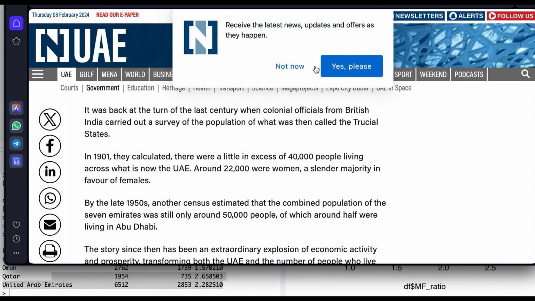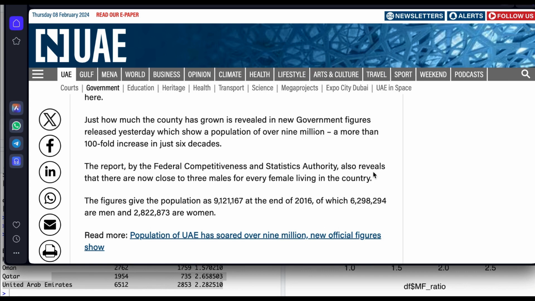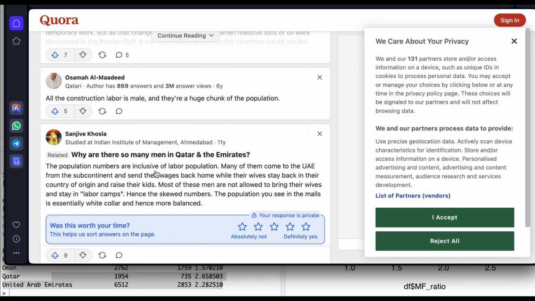It's not easy to figure out what's going on, but the common theme, for the Emirates and for Qatar, is that labor immigrants, who are by large men, are counted as citizens of those countries.